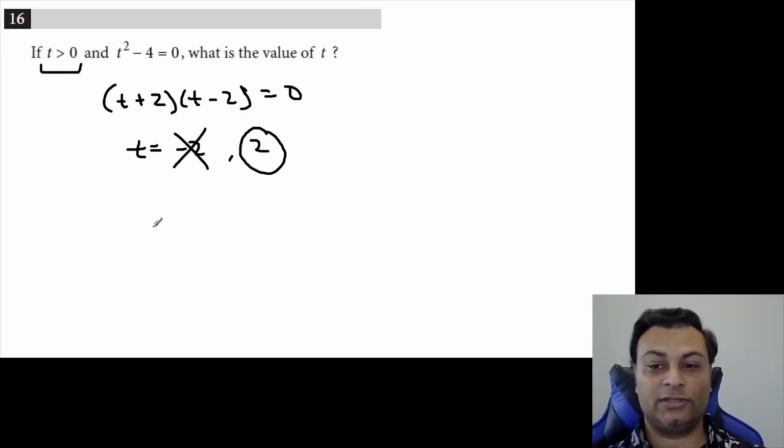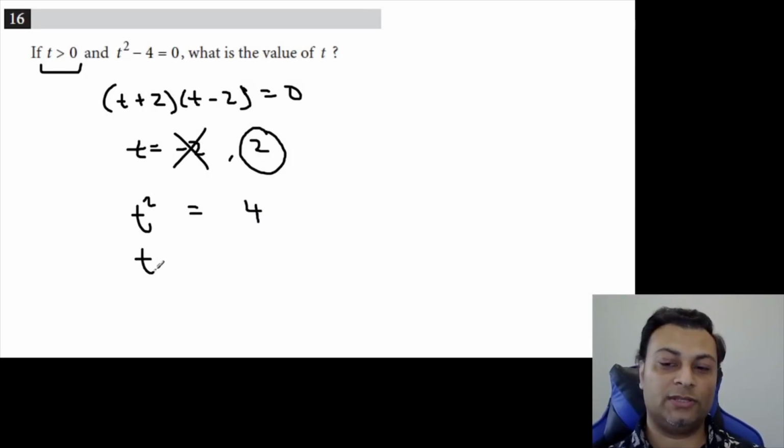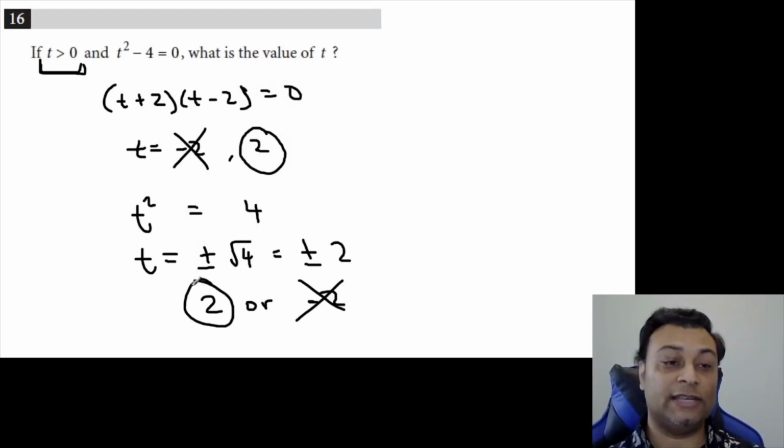Another way to do this is to add 4 to both sides, you get t squared equals 4. Then you root both sides, you get t equals plus or minus root 4, which means plus or minus 2, which really means 2 or negative 2. But again, t is a positive number, so not this, just that. So the answer is 2.